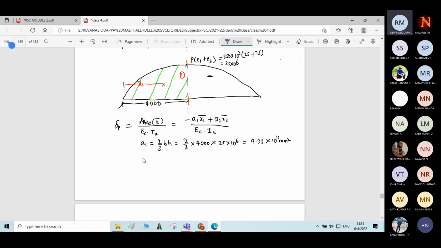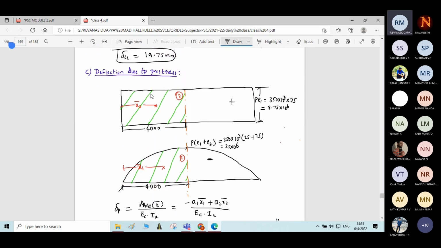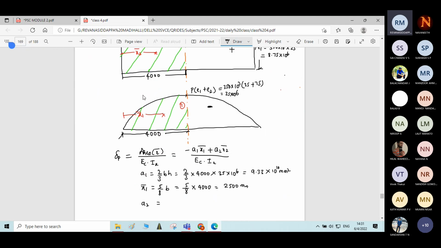Then x1 bar will be, you know the formula for finding the centroid of a parabola, that is 5 by 8 of b, nothing but 5 by 8 of 4,000. We'll get the answer as 2,500 mm. Then A2, which means the area of rectangle 2. Width is 4,000, depth is 8.75 into 10 power 6.